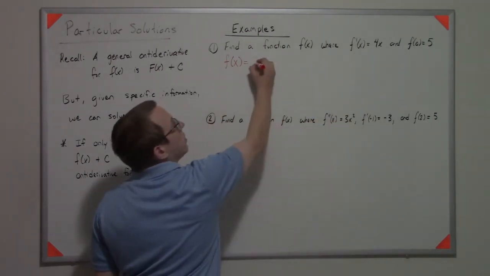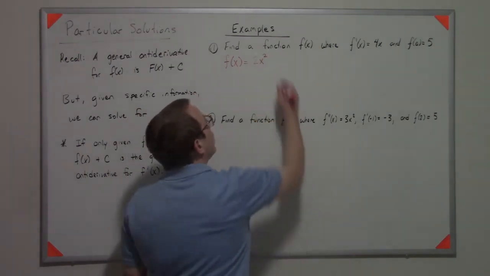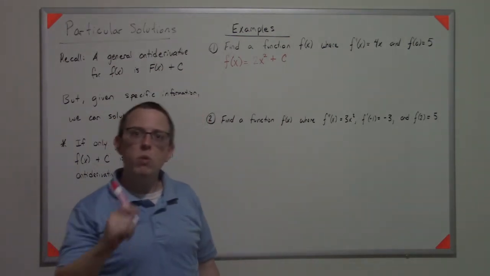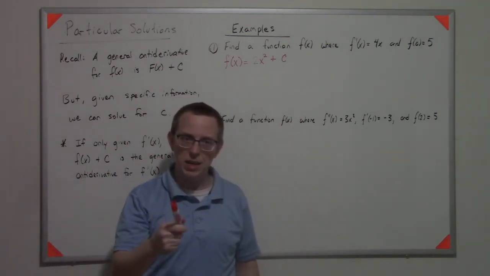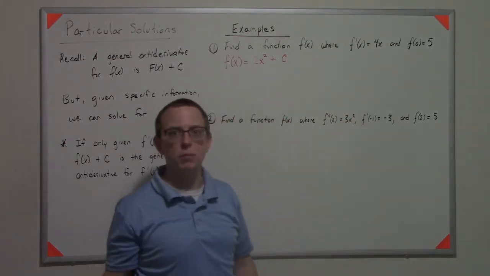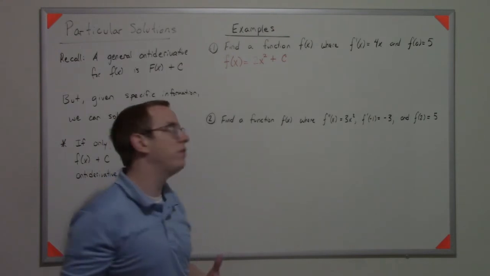That gives us 2x squared plus a constant. But we want to figure out what that constant is, because specifically we have an extra piece of information. We know that at 0 the function's output is going to be 5.